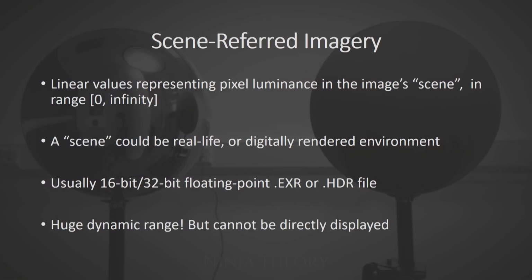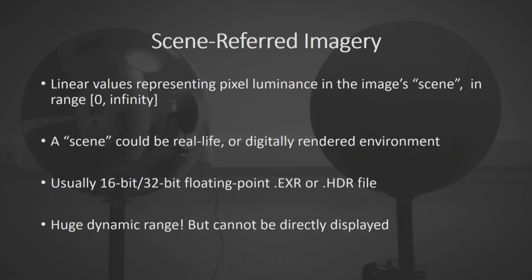This is where scene referred imagery becomes really, really important. So scene referred imagery, again, is linear values representing pixel luminance, but this time it's in the range 0 to whatever, right? It could be 100, 1,000, a million. Doesn't really matter as long as it fits within the floating point range.